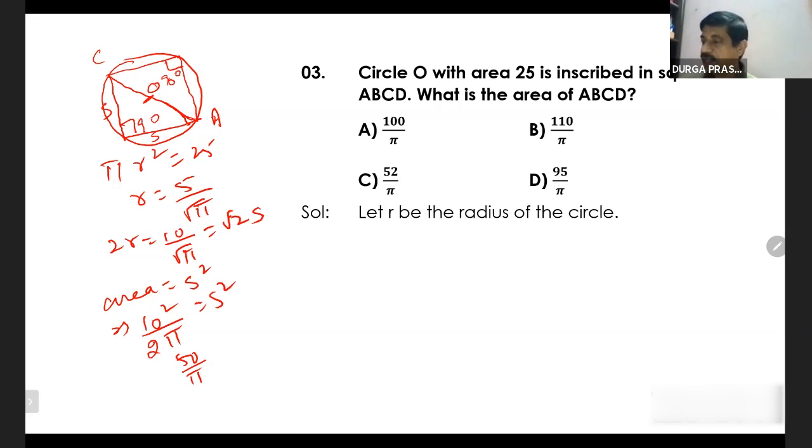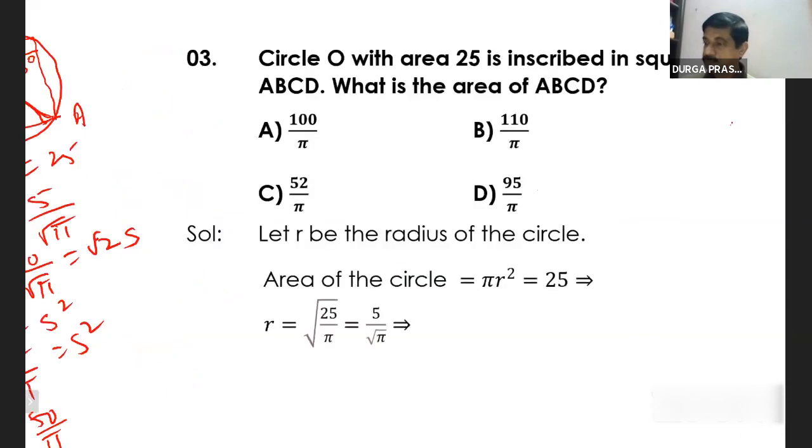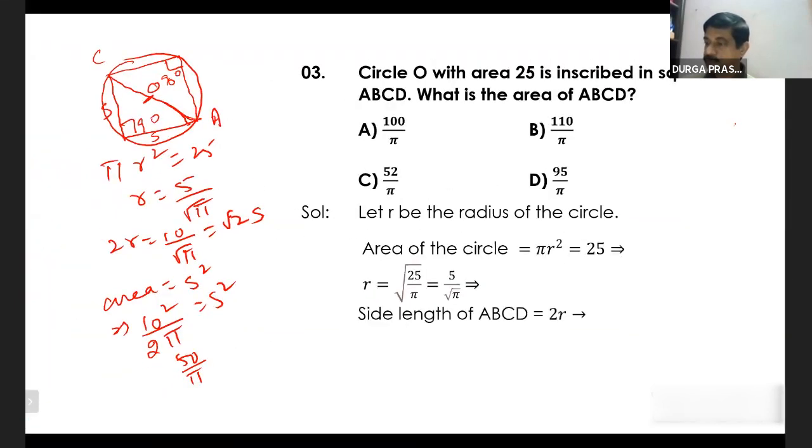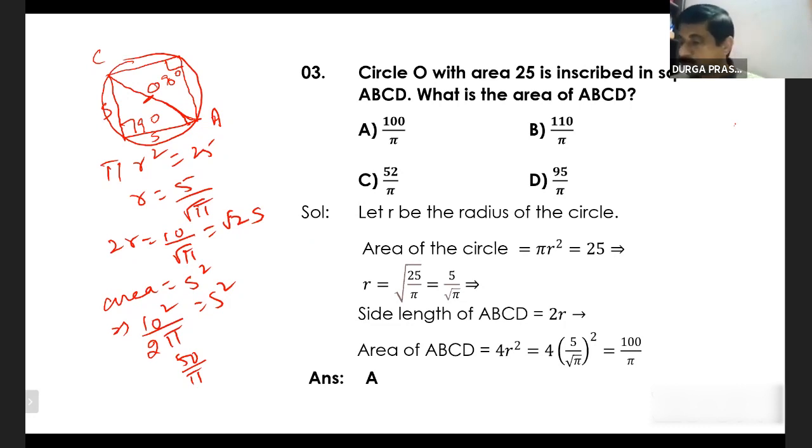Side square is 50 by 5. So somewhere we are misstepping.